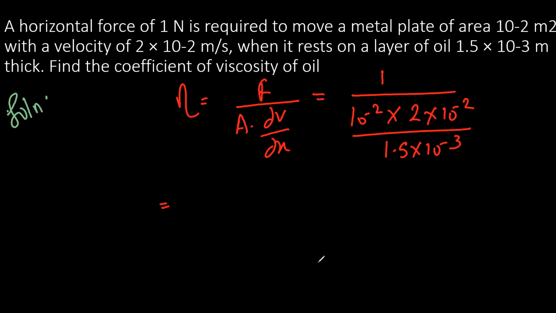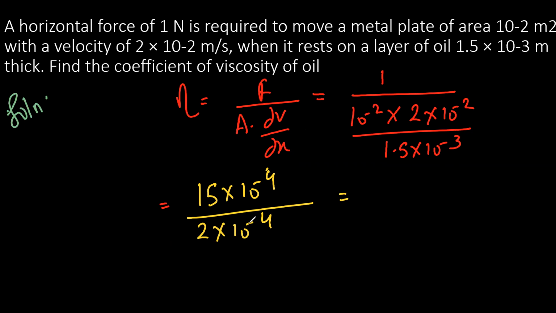If you solve it, what answer will come? This 1.5 goes up with 10 raised to minus 3, making 10 raised to minus 4. I can write 15 into 10 raised to minus 4 divided by 2 into 10 raised to minus 4. So 10 raised to minus 4 cancels, 15 by 2 is 7.5. And this is your theta.